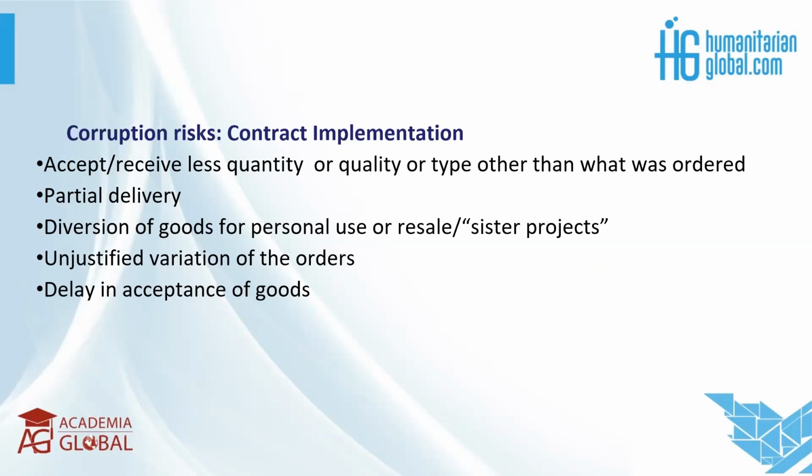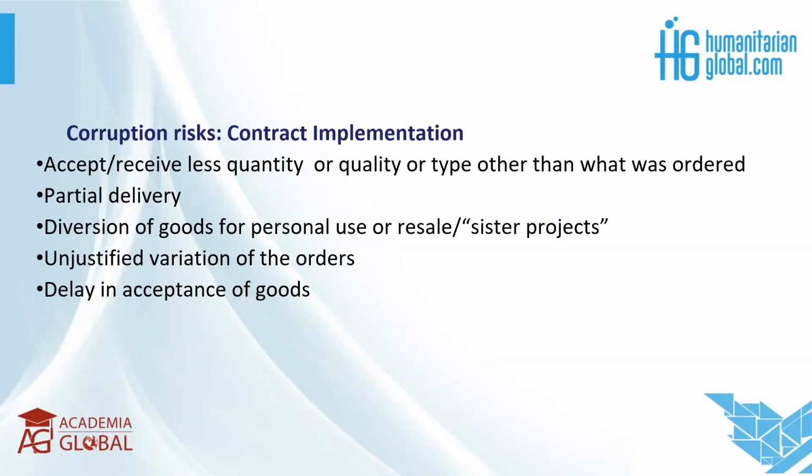The other one is diversion of goods for personal use, resale, or sister projects, which is very key in procurement. You find we were buying 100 bags of maize. That is what is in the purchase order. It is in the delivery note. But as soon as this hits our warehouse, only 50 gets inbounded and 50 is taken to the procurement professional's shop.